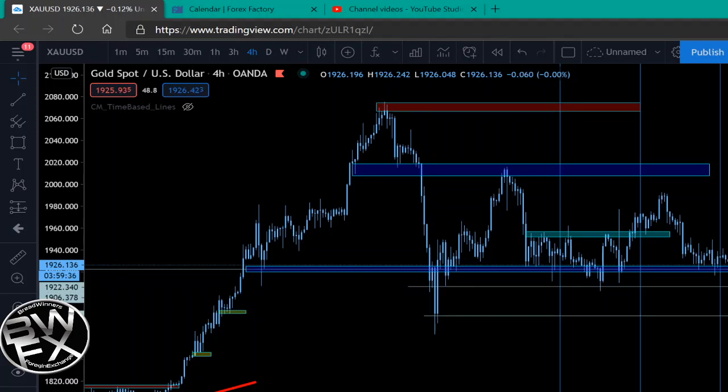Of course, we might send out some extra pairs for y'all. We're going to try to teach people how to solely focus on maybe 1, 2, or 3 pairs, so you don't have to be overwhelmed with trading, and you can learn how to scale it down and actually understand your market structure of that one pair.